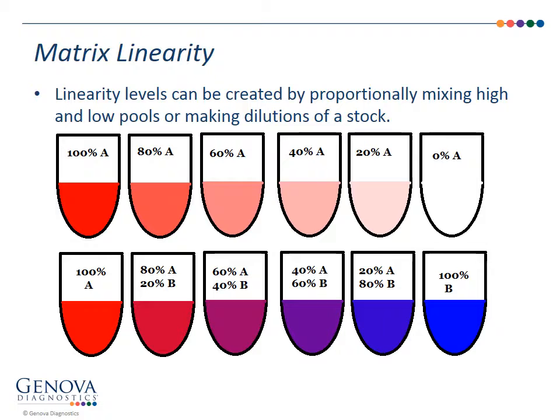So why do we run matrix linearity? It's very helpful to run both an aqueous linearity and a matrix linearity. Aqueous linearity is best case scenario. It's never going to look that good again, right? That is perfect case. So then if you do the exact same thing in a matrix sample, that's going to show you pretty clearly if they match, you are good to go.